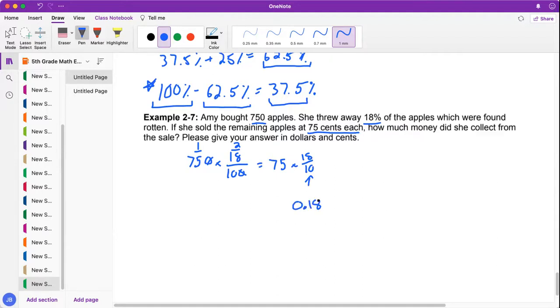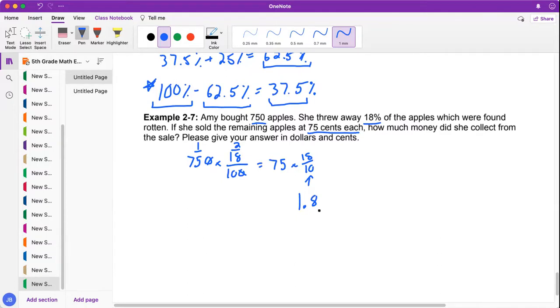Or wait, 18 divided by 10, sorry, I'm wrong. It would be 1.8. Okay.